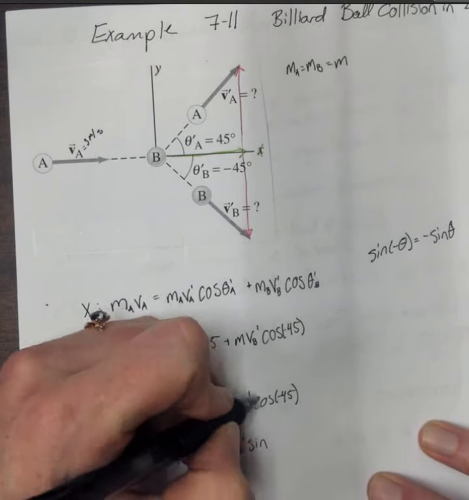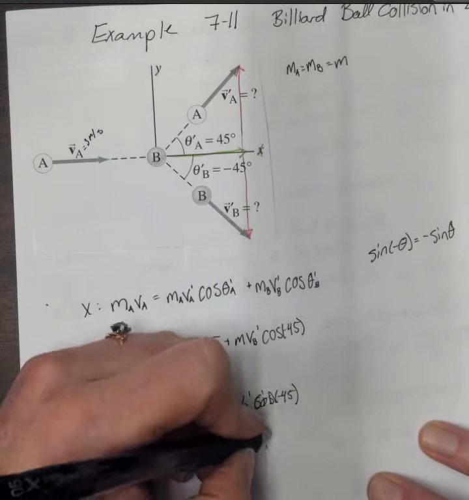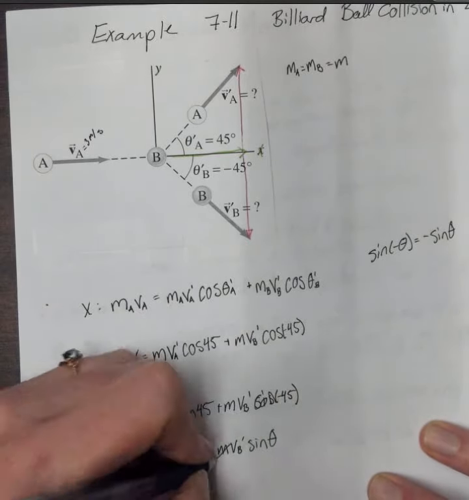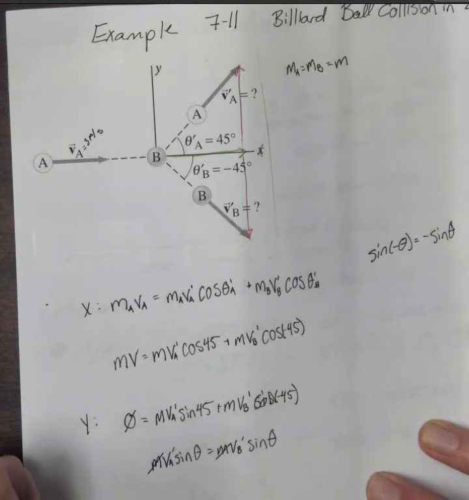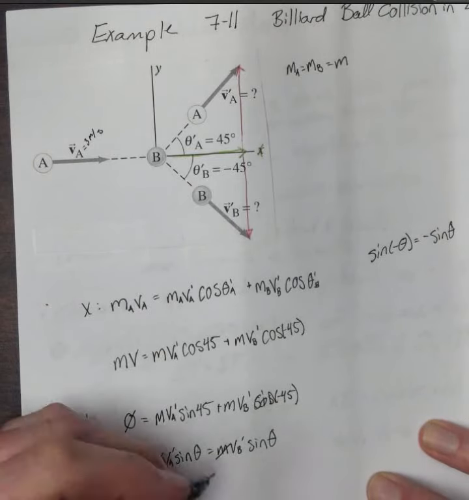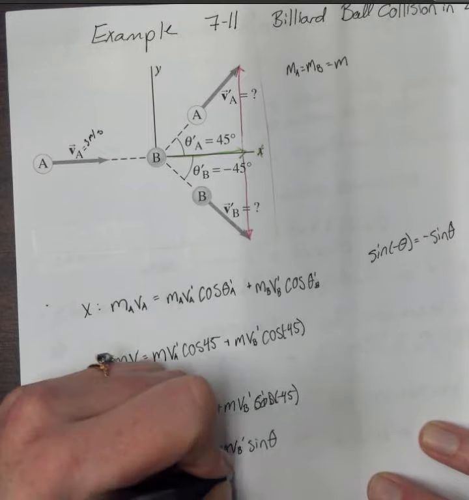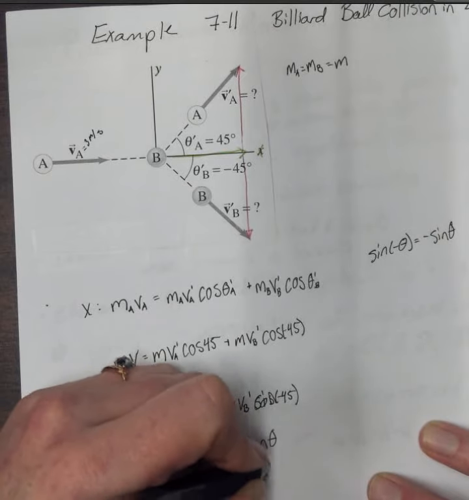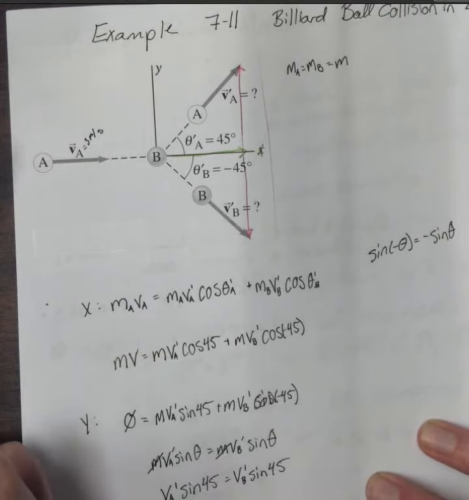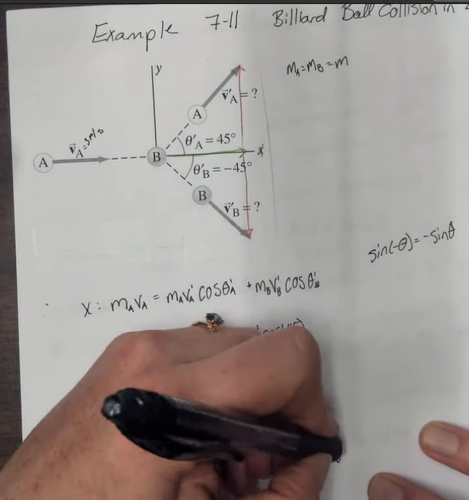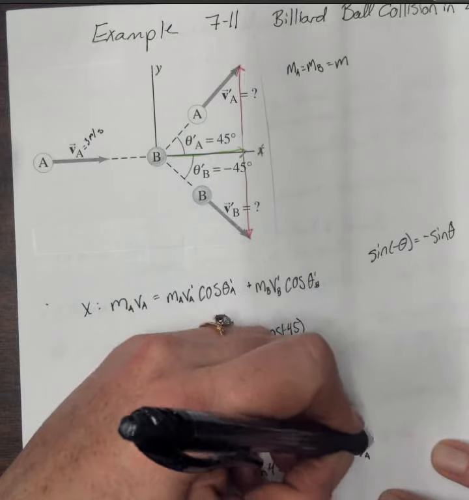Oh, sorry, I put a cosine there, a sine there, sine theta. And here the masses cancel out, and you get that VA prime sine 45 equals VB prime sine 45, and that means that you get negative VB prime equals VA prime.